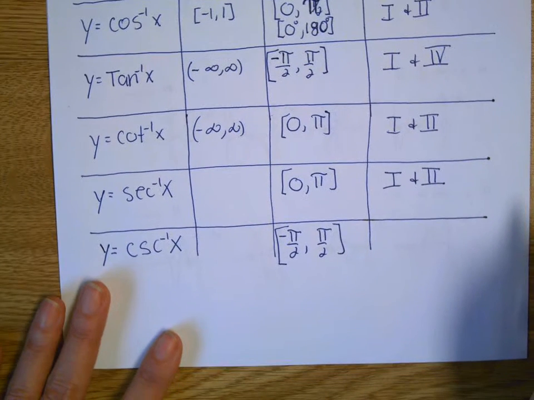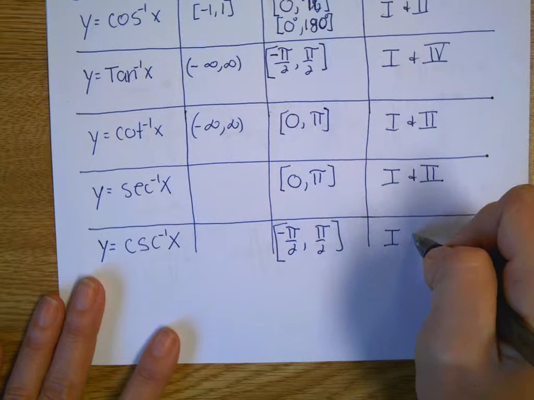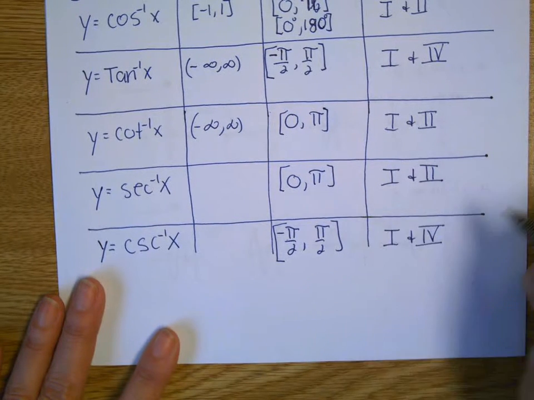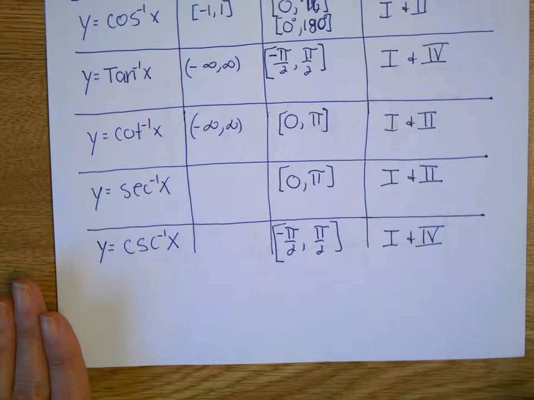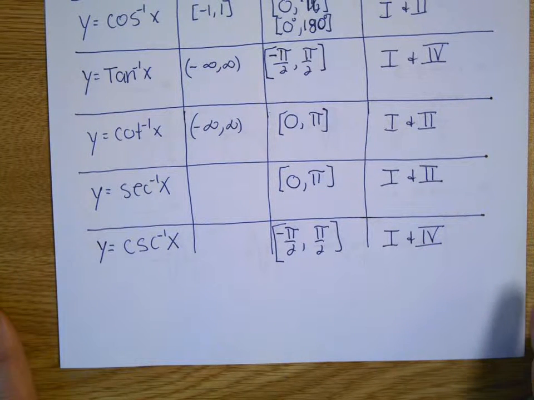Which means we're going to be looking in quadrants 1 and 4. There's no 3, but there's a 2. You're either 1 and 2 or you're 1 and 4. 3 is kind of an ugly duckling.